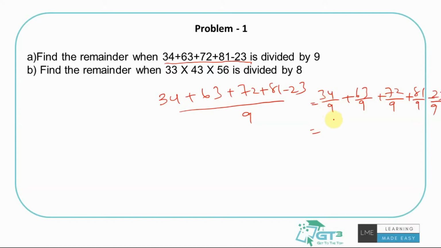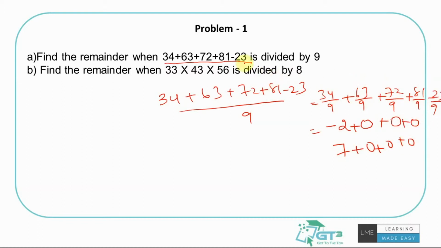I know 9 4s are 36, so I can also use a negative remainder of minus 2. Or I can write it as plus 7 completely. 9 3s are 27, so the remainder is 7. 9 7s are 63, so the remainder is 0. 9 8s are 72, again the remainder is 0. 9 9s are 81, again 0.